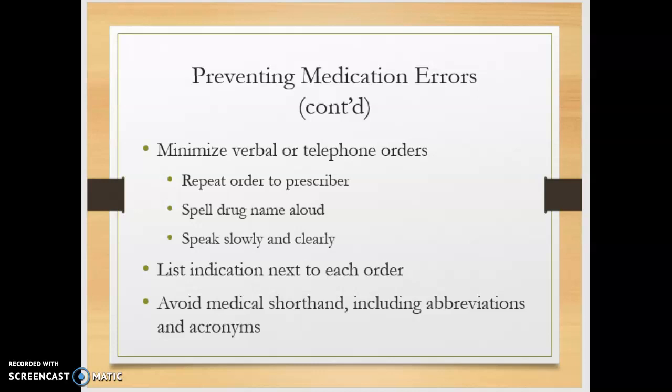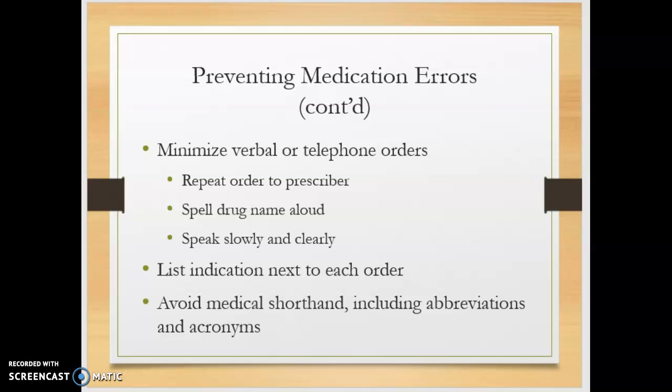There are a lot of times that we don't have good connections, and people are now talking in different environments. We have access to the cell phone and different places of communication all over at any time, day and night. So spell the drug name out loud, speak slowly and clearly, and make sure that you have the right order.